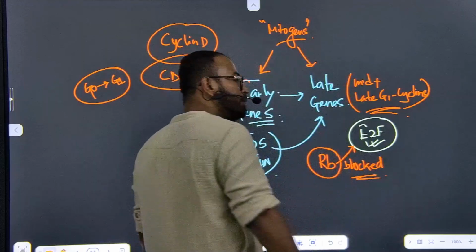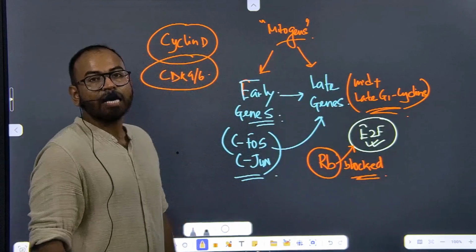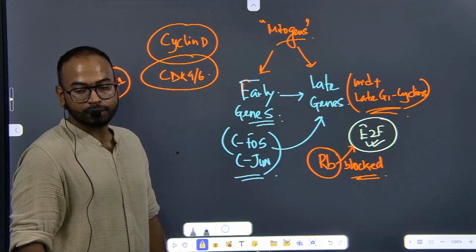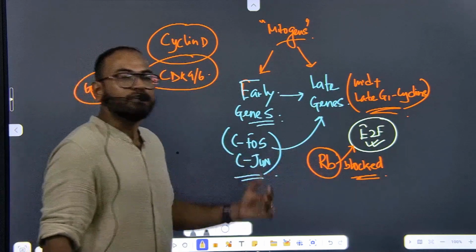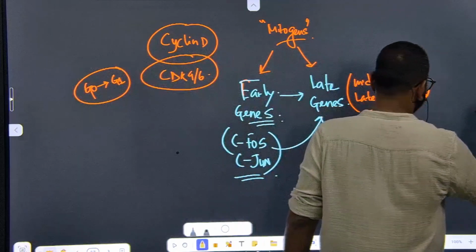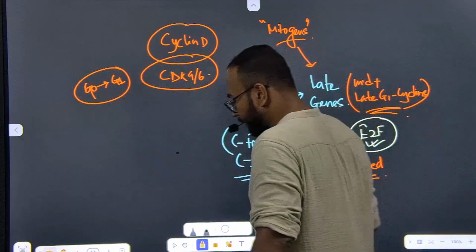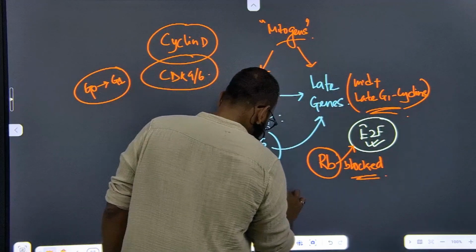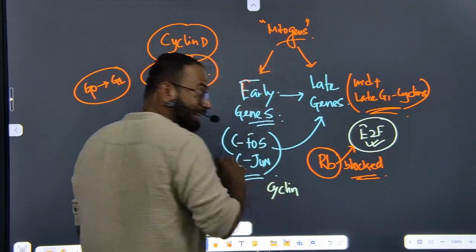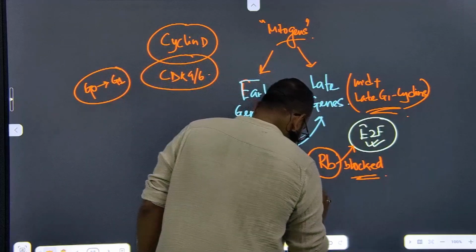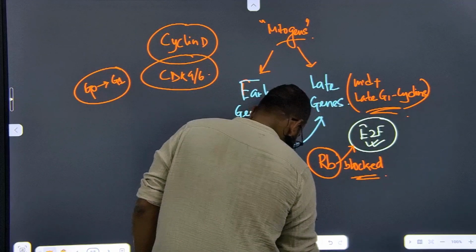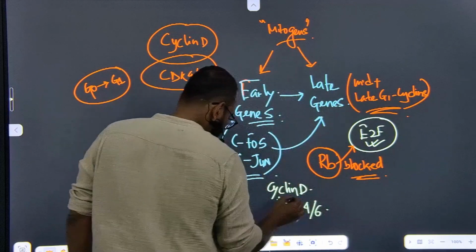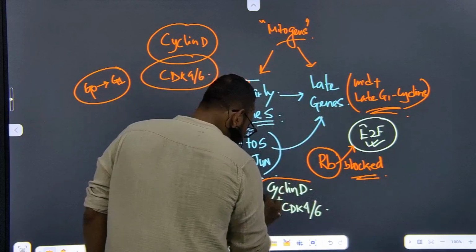So, RB is currently in its unphosphorylated or hypophosphorylated state. For the phosphorylation of RB, what do we need? Typically, I am speaking about mammalian cells, cyclin D plus CDK 4/6.